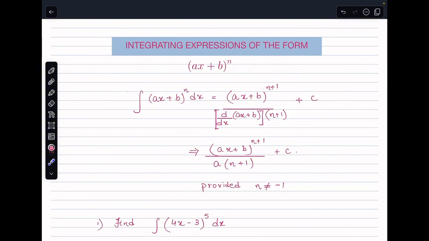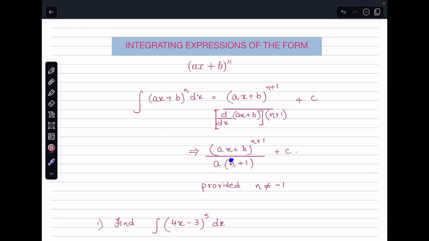So the answer to the integral here shall be (ax + b) to the power n + 1, divided by the differential, which is a, times n + 1, and then add the constant c, provided that n is not equal to negative 1. And we know the reason.